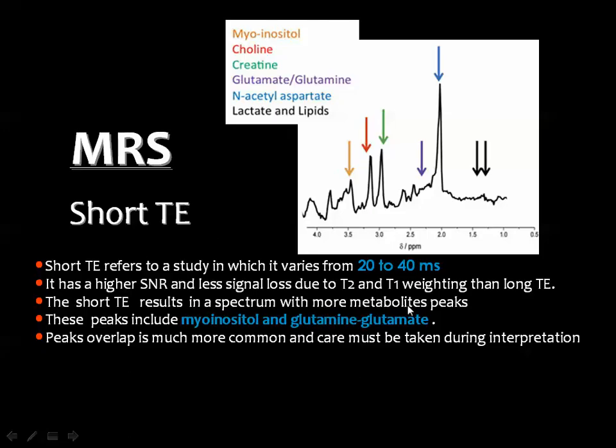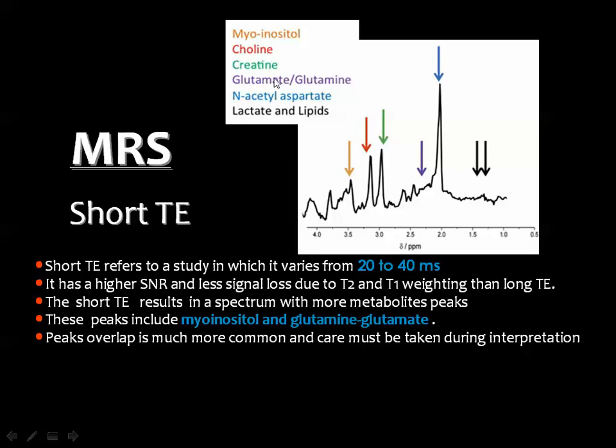The standard metabolites that will appear with both short TE and long TE are three. Number one is N-acetyl aspartate, number two is creatine, and number three is choline.